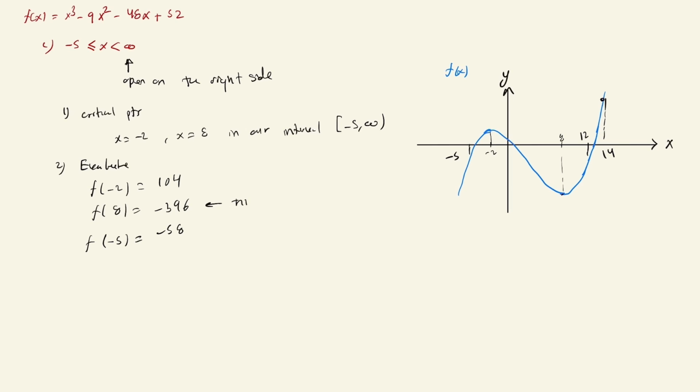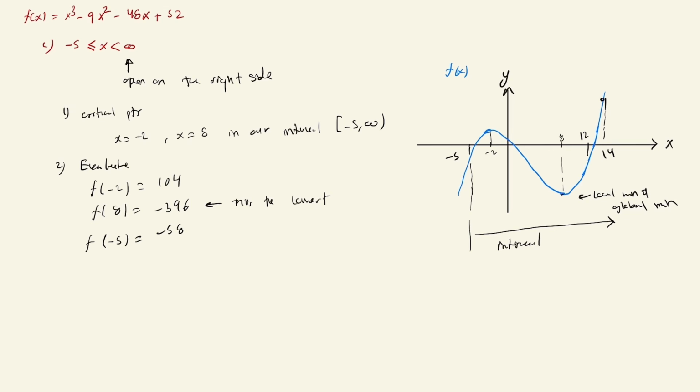Notice in here that -396 is the lowest value of the function. Note our interval on the function, it's going to be from -5 to the right. So notice in here, since x equals 8 is the lowest value of the function, therefore this is a global minimum and local minimum as well.